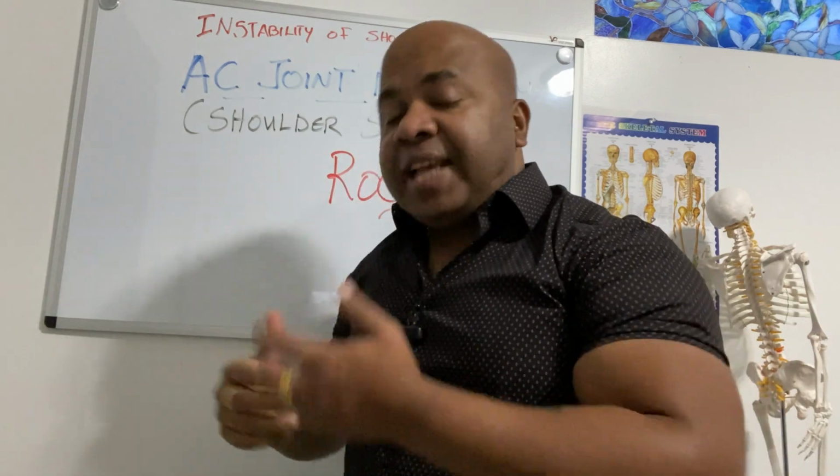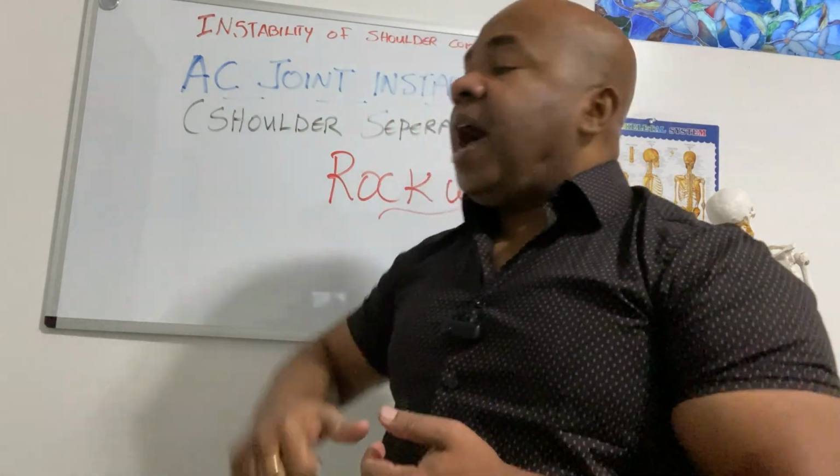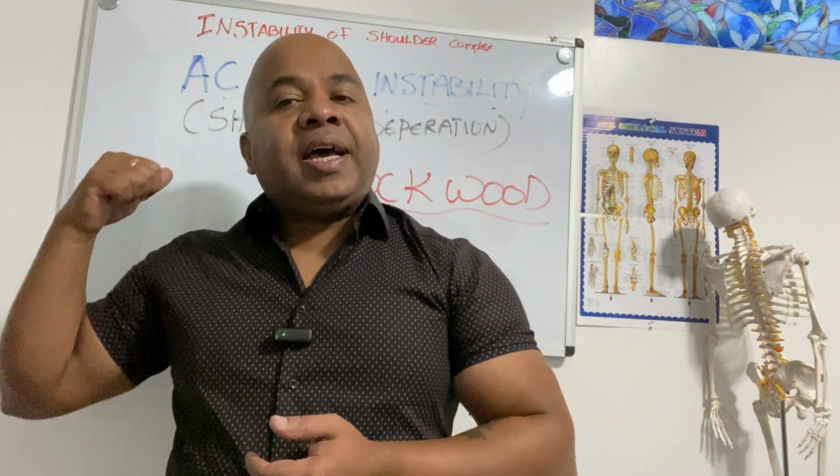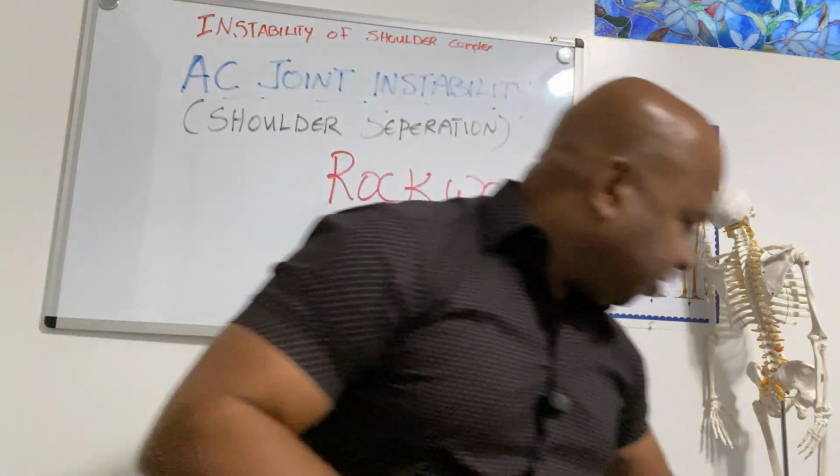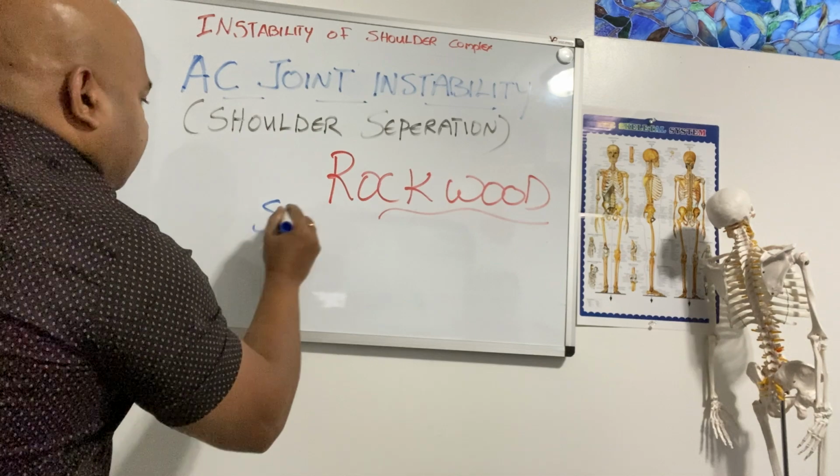You can analyze the Rockwood classification by looking into the X-rays. And when you go for an acromioclavicular X-ray, to figure out the Rockwood classification, always recommend the stress X-ray. What do you mean by the stress X-ray?